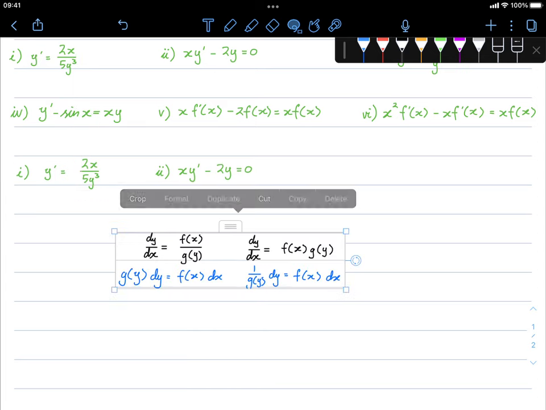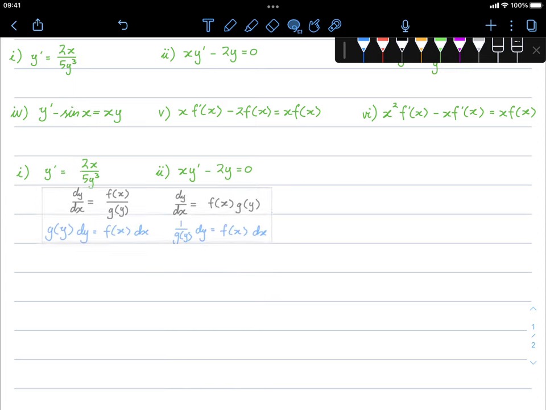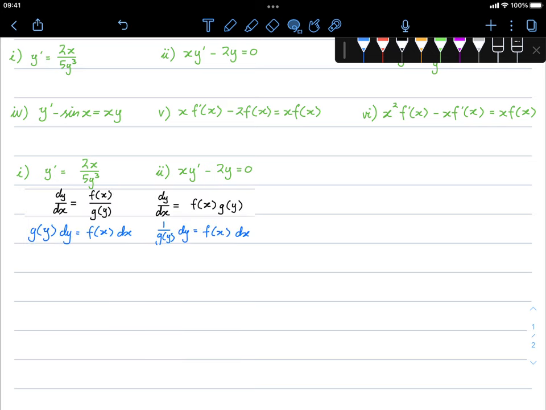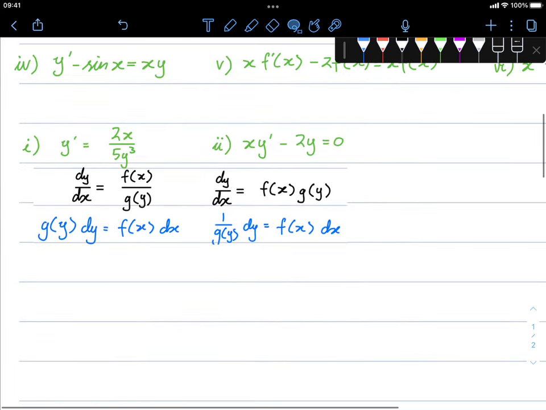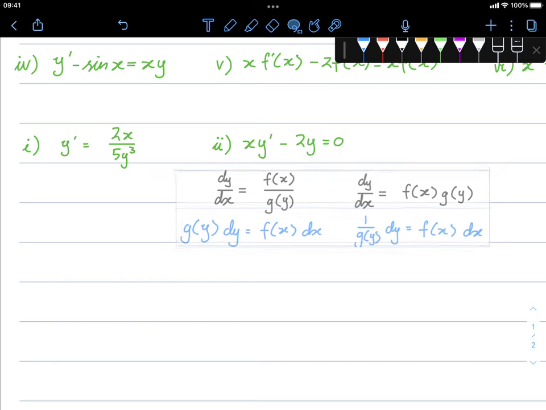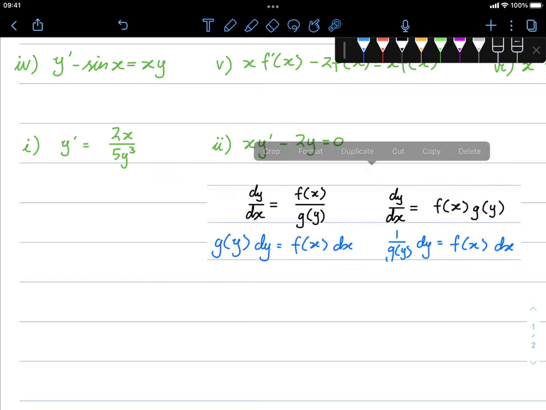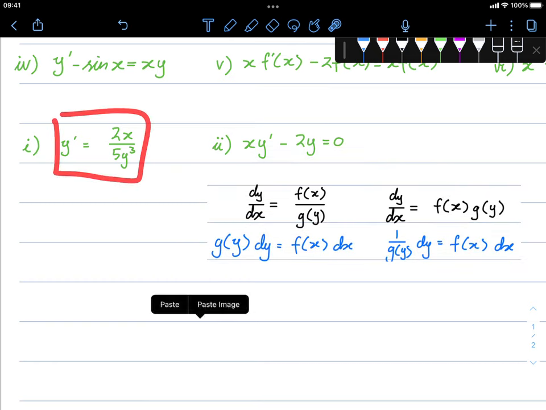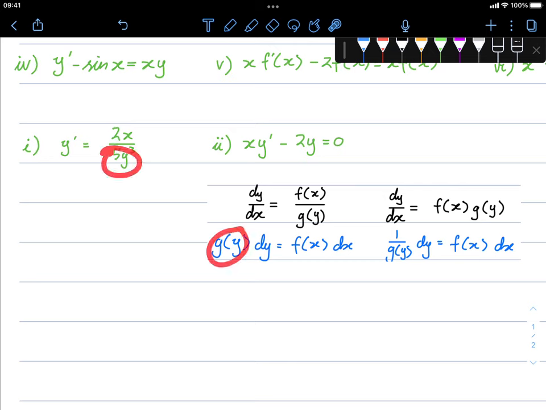Now, I'm going to go a little bit more in depth with the notation here. Notice how this first one actually looks something like this. Now remember, our goal is to separate the functions of y with dy and the functions of x with dx.